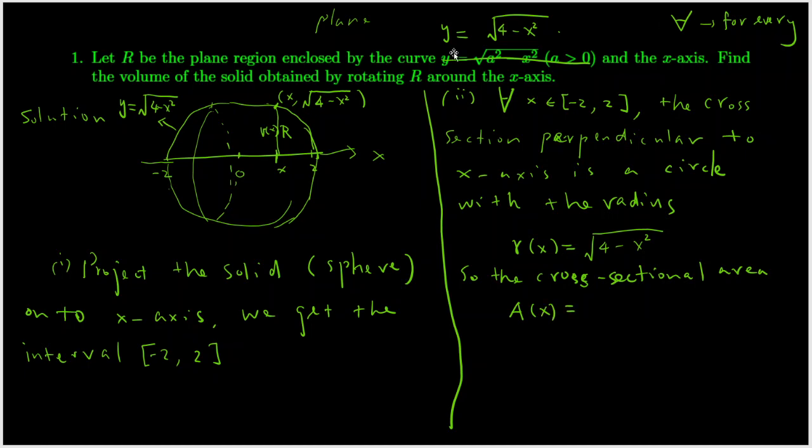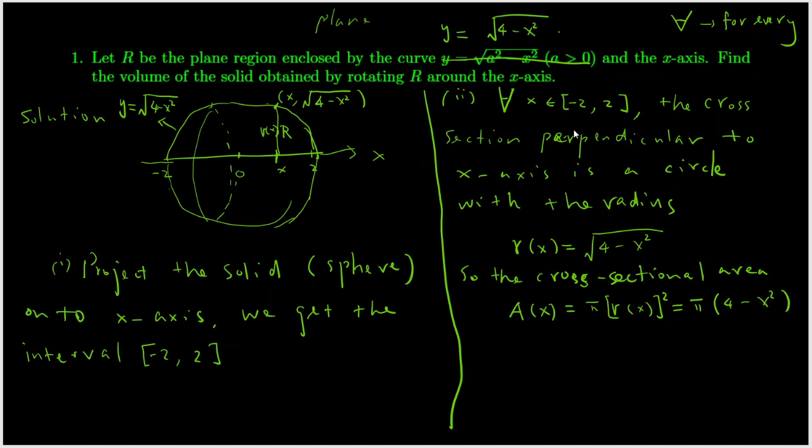A of x is the area of the cross section perpendicular to the x-axis and passing through this point x. You know the area of a circle, right? Pi r squared, pi times r of x, the whole thing squared. This is the area of the circle. So the cross-sectional area is pi times the square of r, 4 minus x squared.